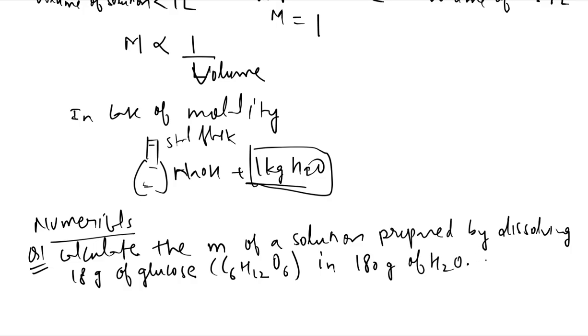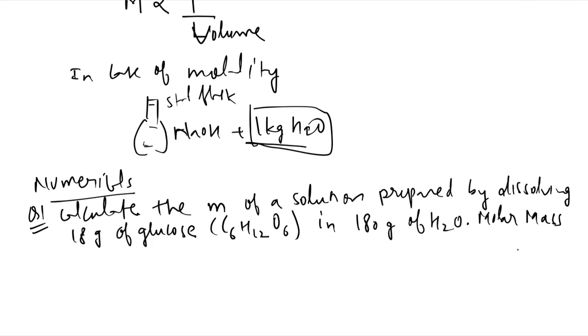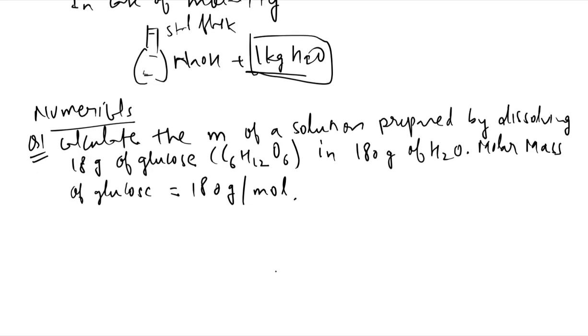And the molar mass of glucose is given as 180 grams per mole. So you have to calculate the molality.